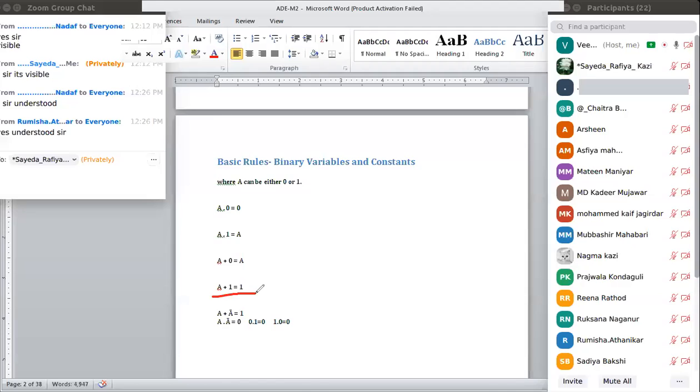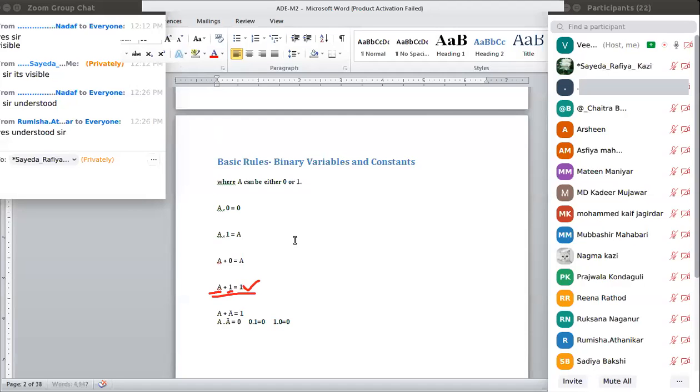Then A plus 1 equal to 1, right? I think the rules you have understood. A plus 1 is equal to 1. A may be 0 or 1. If the constant number is 1, the output will always be 1.